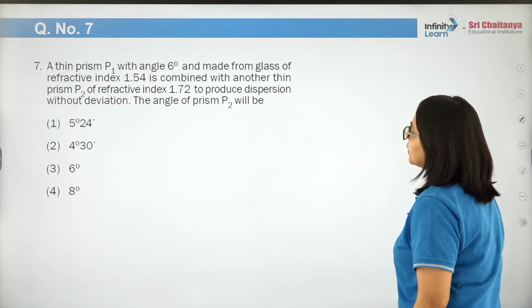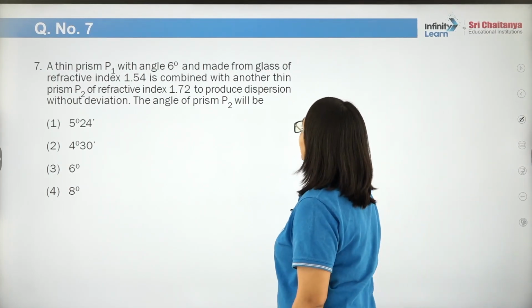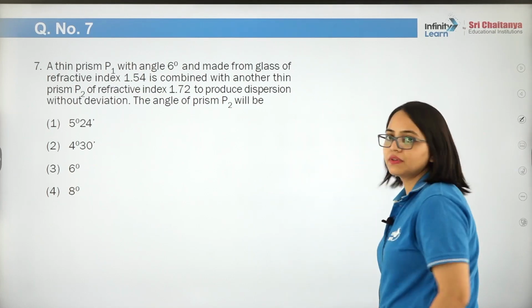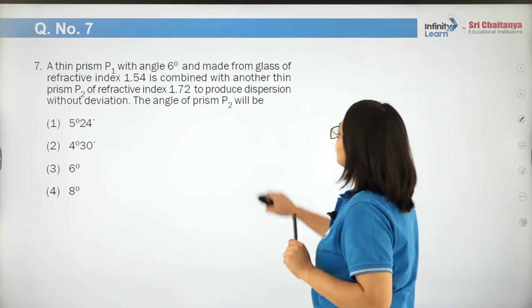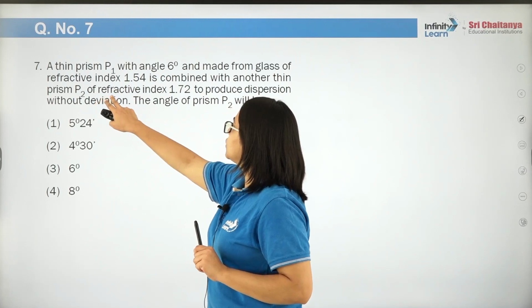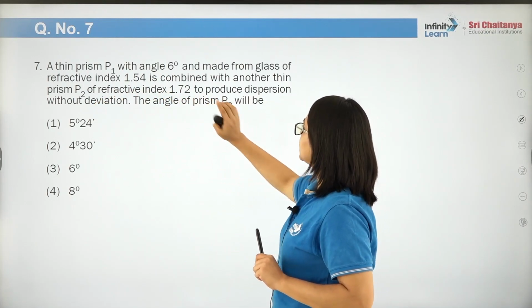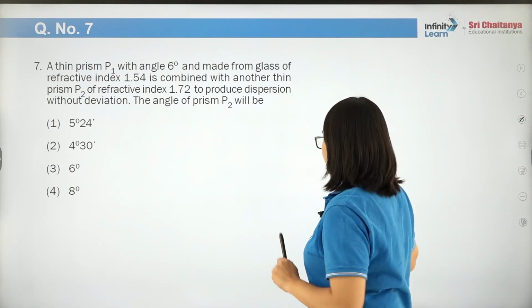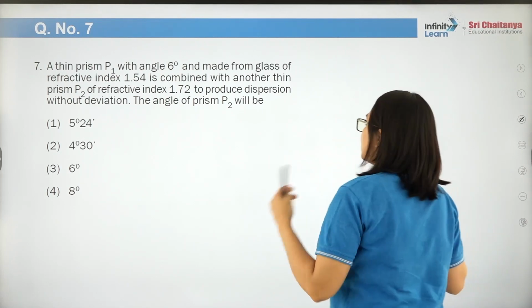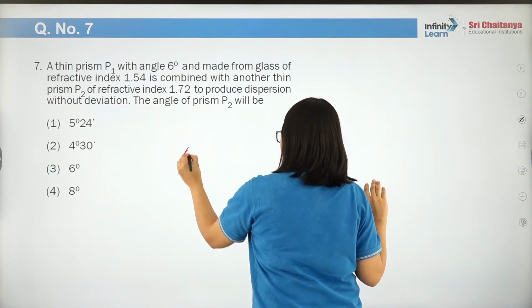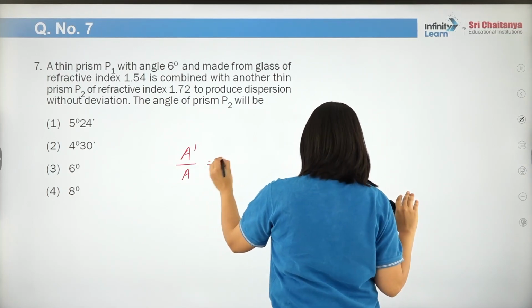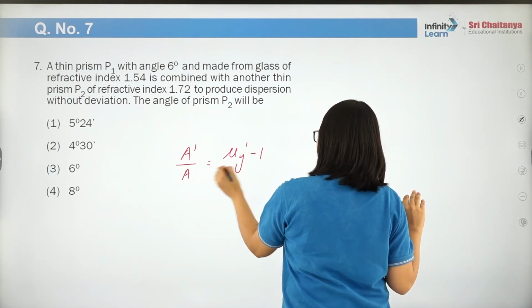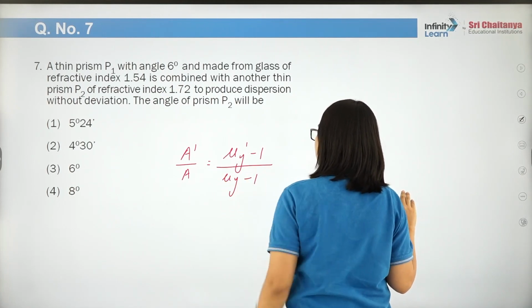Question number 7. A thin prism P1 with angle 6 degree and made from a glass of refractive index 1.54 is combined with another thin prism P2 of refractive index 1.72 to produce dispersion without deviation. The angle of prism P2 will be, so we are producing dispersion without deviation, that means A dash upon A should be mu y dash minus 1 upon mu y minus 1.